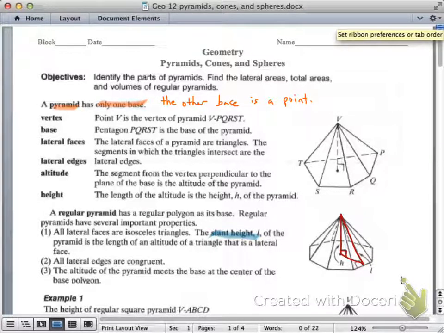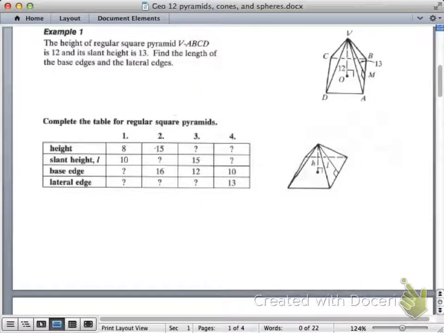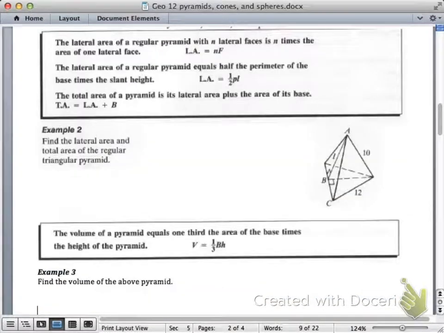I'm not going to end up asking you questions about the lateral area just because of not being able to have class. So we're going to skip this part right here, and here's what I want you to focus on. I'm probably going to ask you to go watch a short video that demonstrates this. The volume of a pyramid is equal to 1/3 of the area of the base times the height. The volume of a prism is equal to base times height.